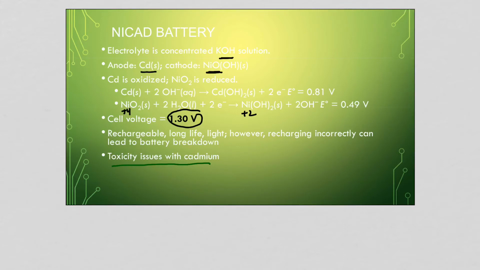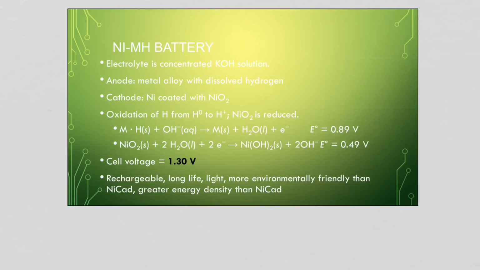So these batteries were eventually replaced by what's called a nickel metal hydride battery. Very similar battery. Again, it has a KOH electrolyte, so it's another alkaline cell. The cathode is the same as what we saw in the NICAD battery, but we've replaced the cadmium anode with a metal hydride. This is some metal, and that metal differs depending on the brand and so forth.